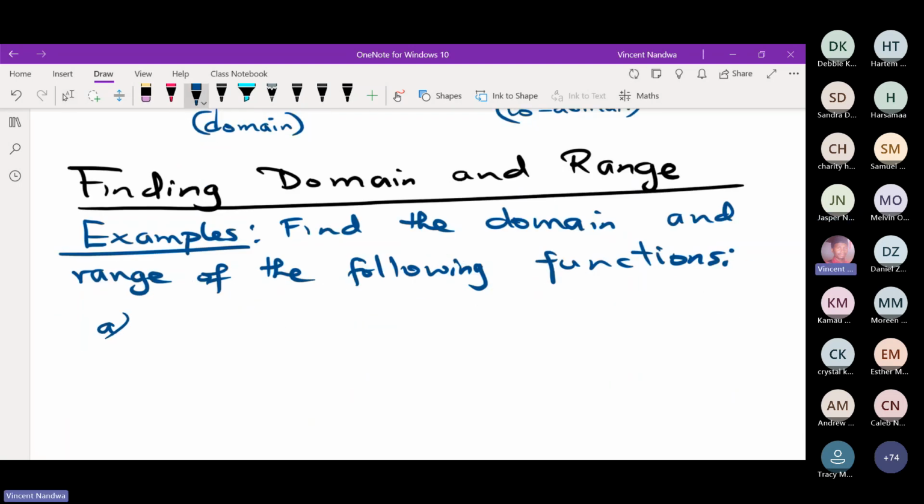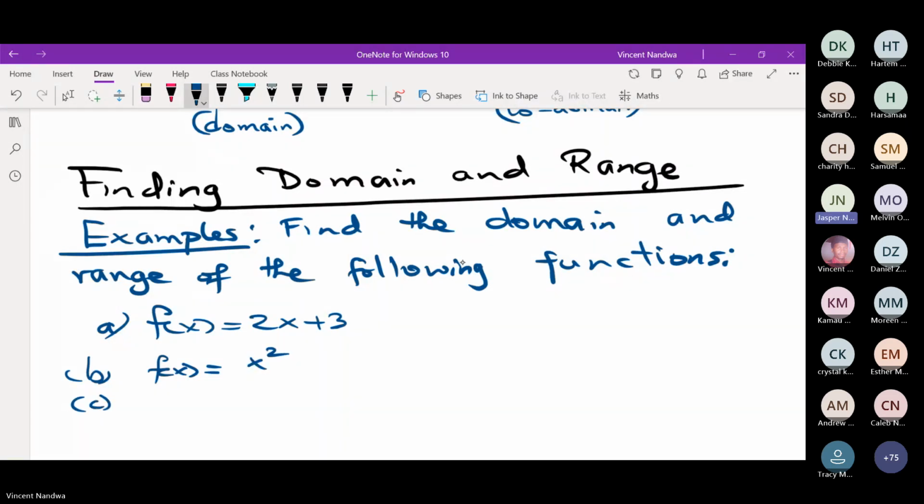The first one, f of x equals 2x plus 3. Second one, f of x equals x squared. Next one, f of x equals 1 over x.